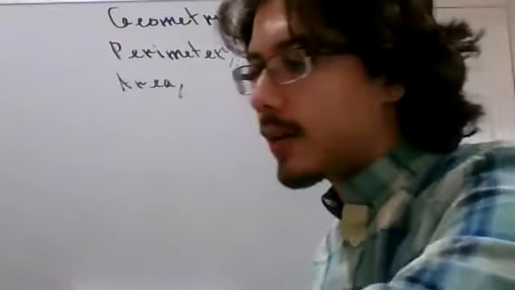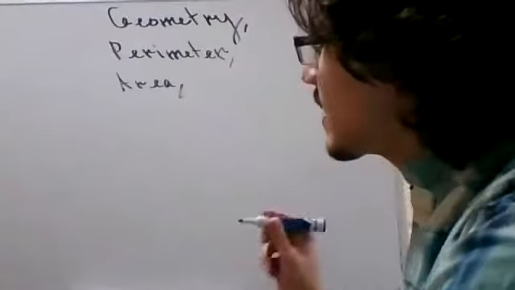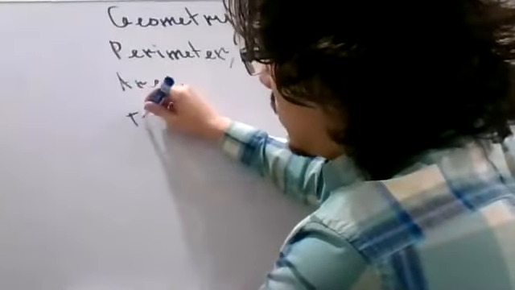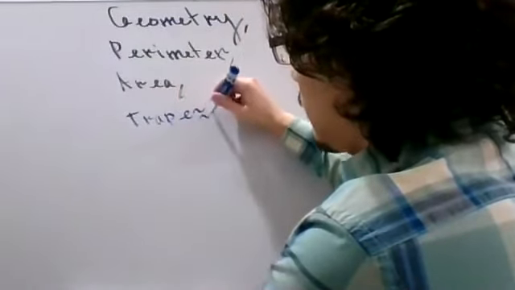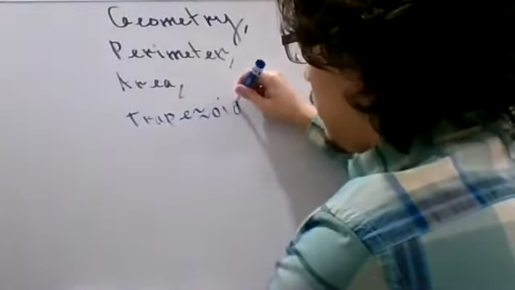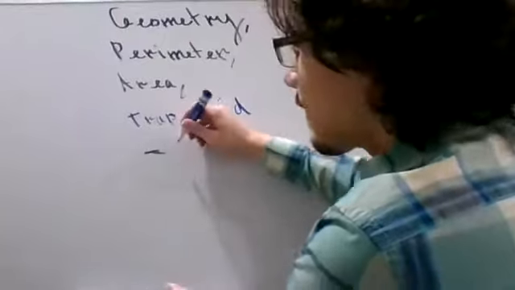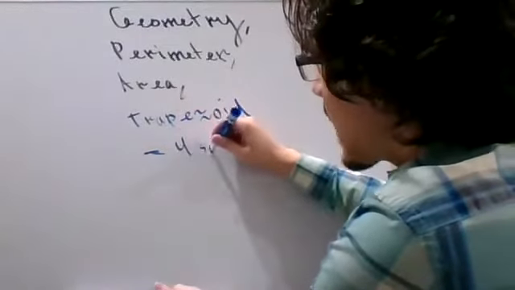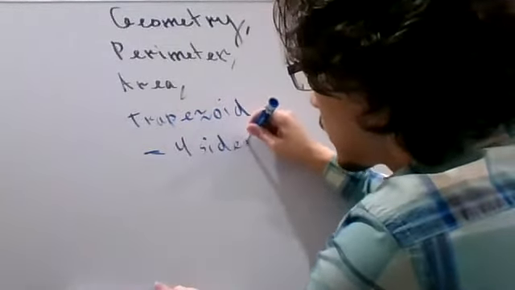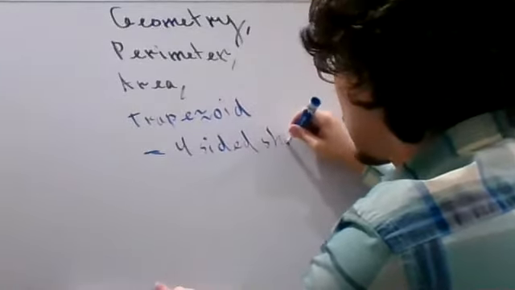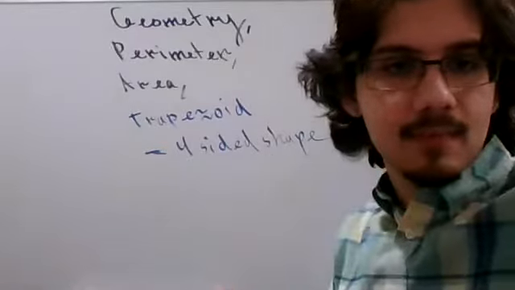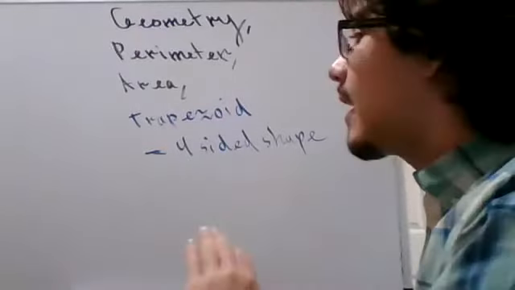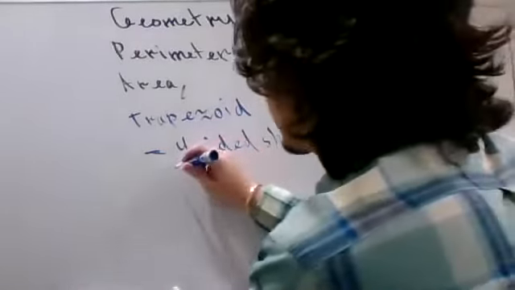So a trapezoid, in its exact definition, is a four-sided shape with one pair of parallel sides.